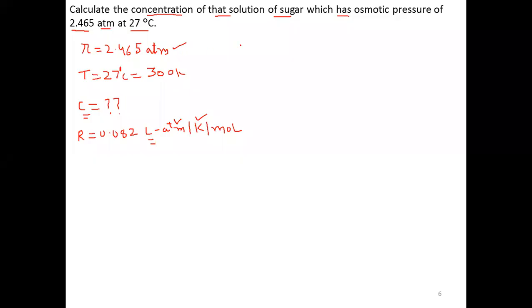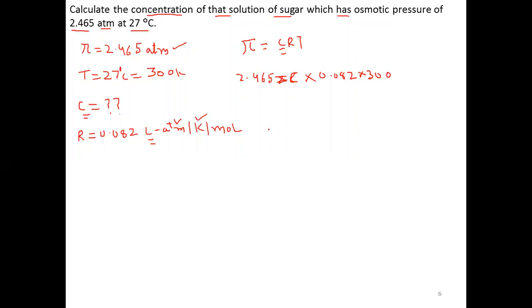Now we have a relation pi is equal to n upon V, or as in our previous slides, it can also be written as CRT. C we have to calculate. Putting these values, 2.465 is equal to C into 0.082 into 300.